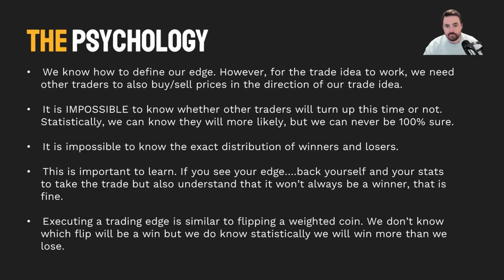That's an edge. We know 60% of the time we're going to win. However, we don't know when we're going to lose. We still have to flip it in the air, because we know 60% of the time we're going to win, but we also know 40% we're going to lose. We just don't know which flip that's going to happen on.